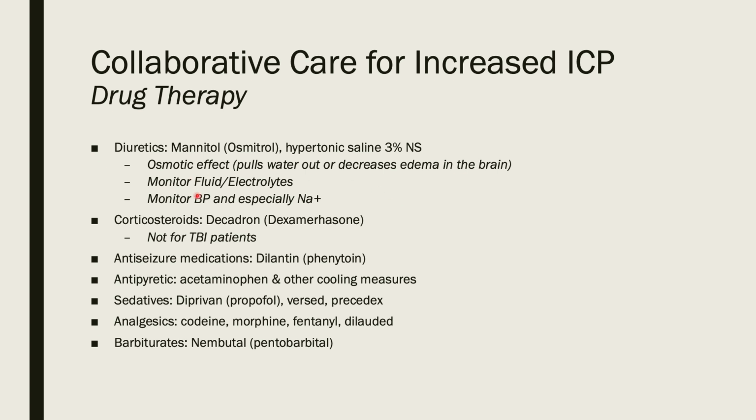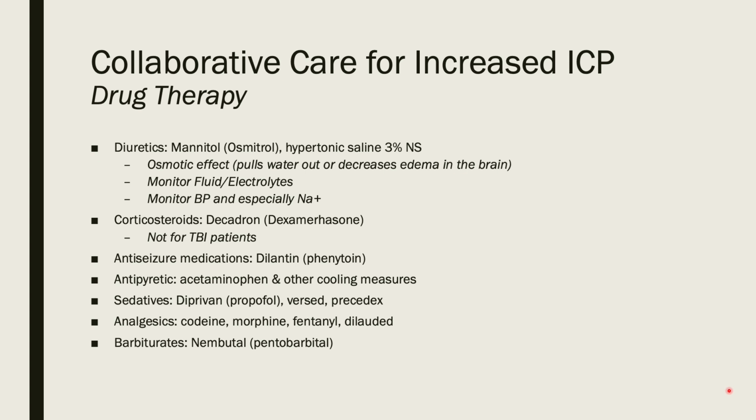We want to monitor their fluid and electrolytes. That's really important. And in doing so, we want to monitor blood pressure and especially sodium. I know it's kind of redundant. I have it there, but it's really important. Okay. And so let's talk a little bit more about mannitol. It is a concentrated type of sugar. When this drug enters the blood, it's very concentrated, and it draws water that is pooling in the brain back into the blood.